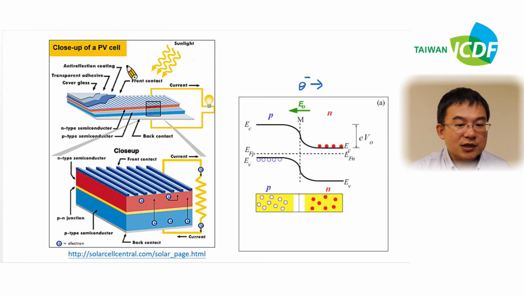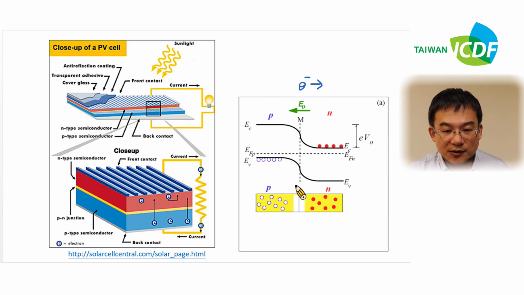If we put a positive particle, like a hole, in this area, this electric field will push the positive charge to the P side. So if suitable sunlight is incident on the depletion region, we can create an electron in the conduction band and a hole in the valence band.